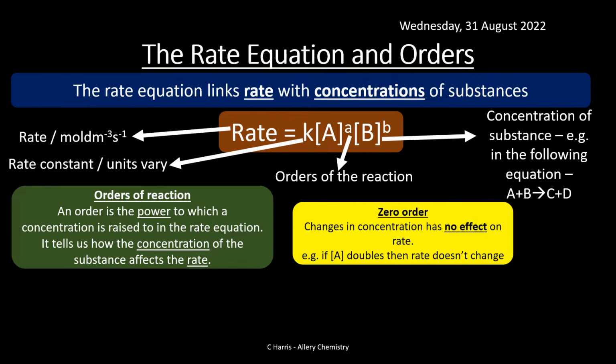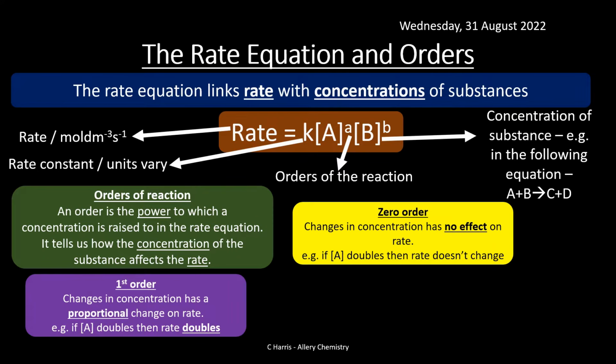So if you have something that is zero order, then any changes in concentration of that substance will have no effect on rate. For example, if the concentration of A doubles, the rate doesn't change. So if you're in industry looking to speed up the rate of reaction, changing the concentration of A will have no impact, so you wouldn't bother with it. You just leave it.